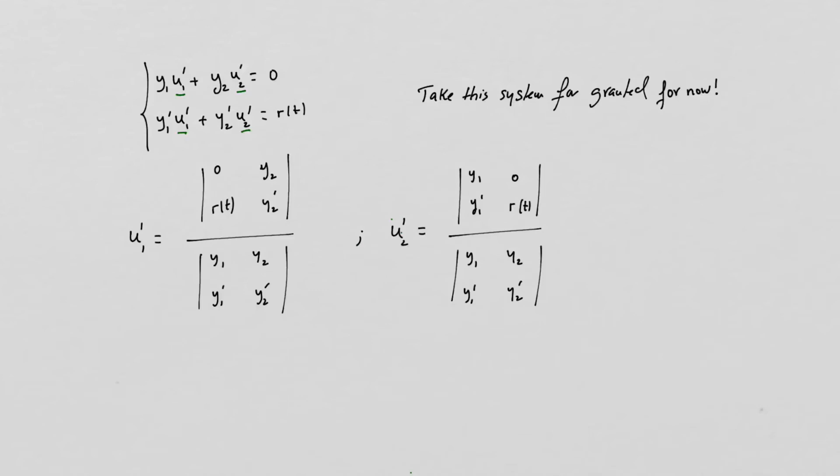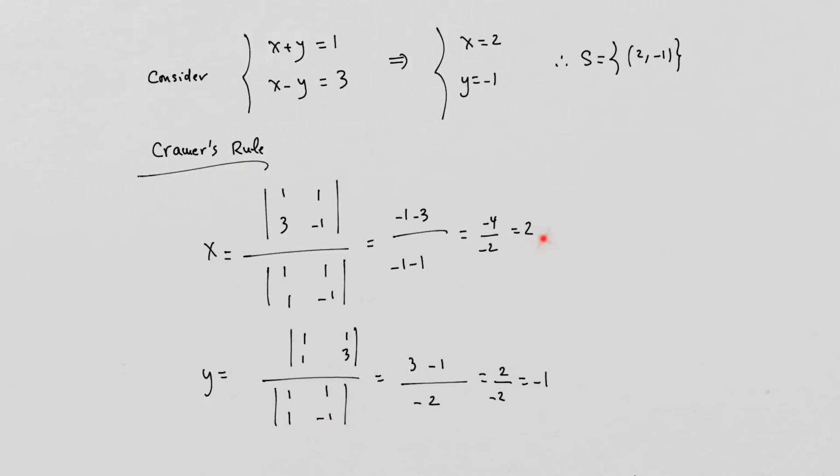And once we find U1 prime and U2 prime, it's not going to be difficult to solve for U1 and U2, right? If you know the derivatives, you know U1 and U2. You just integrate. All right. So we are going to proceed the same way we proceeded here. Okay.